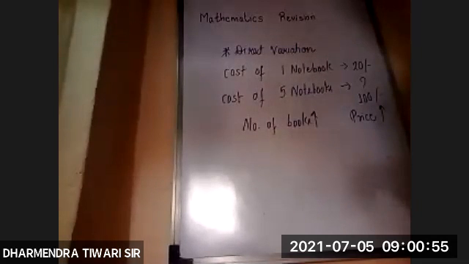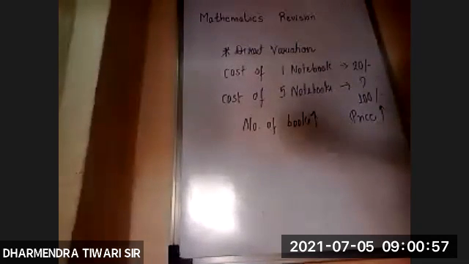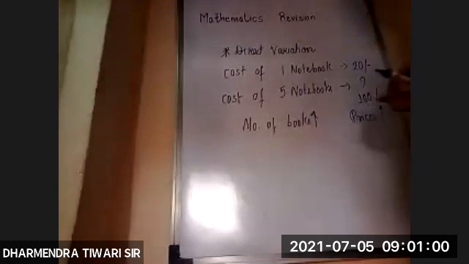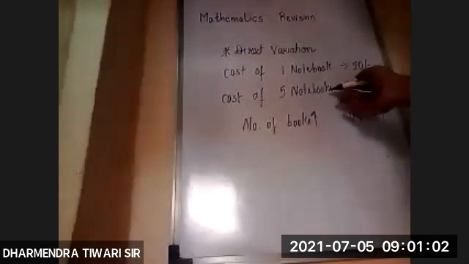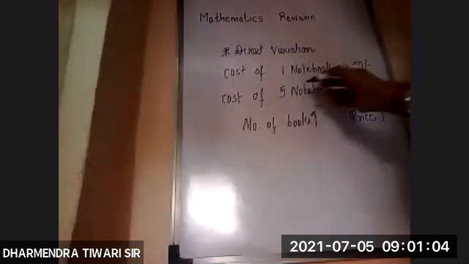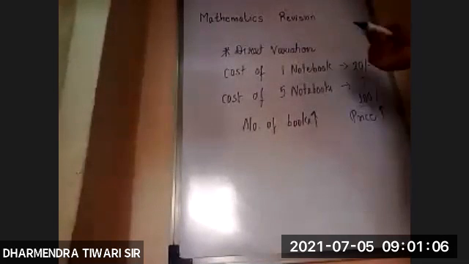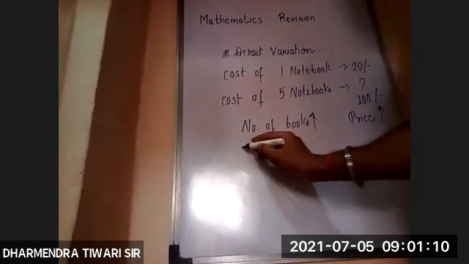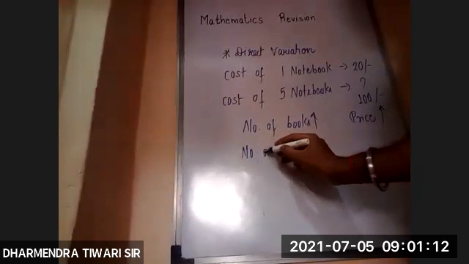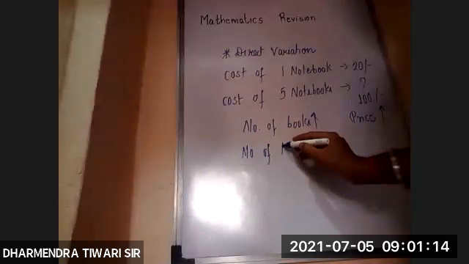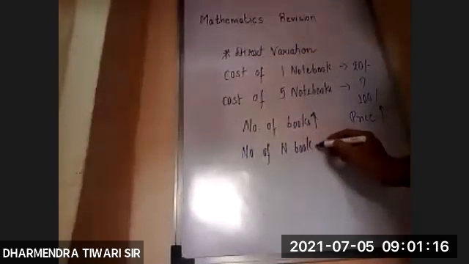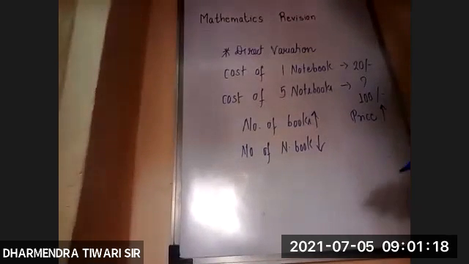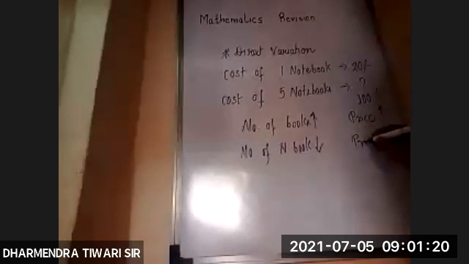So both increase simultaneously. And if we see it in a reverse manner, the cost of one notebook is 20. If the number of notebooks decreases, then the price also decreases.